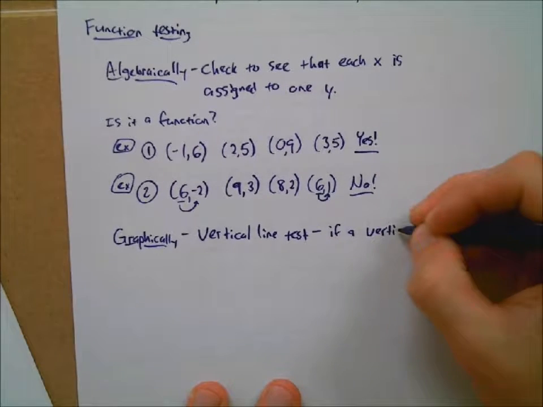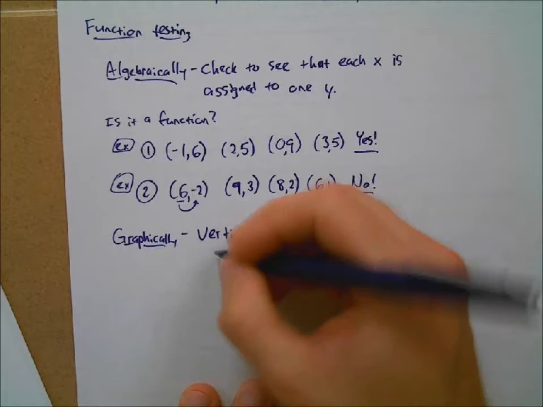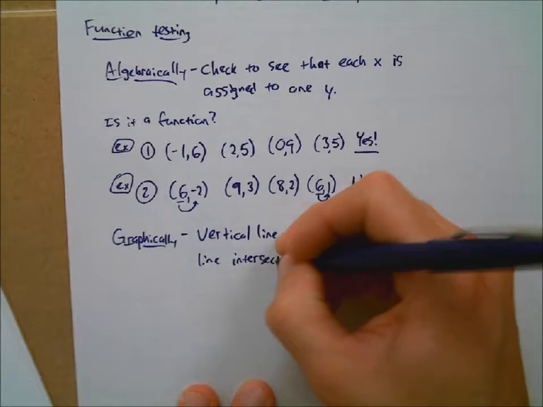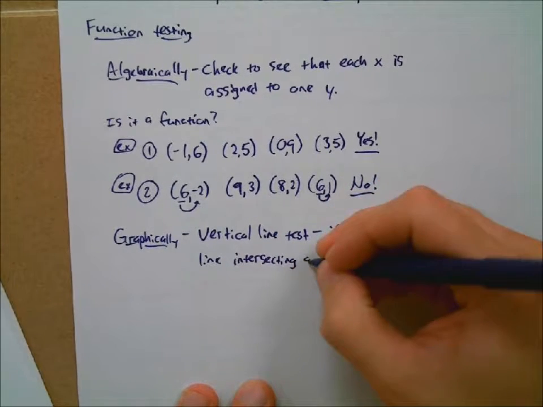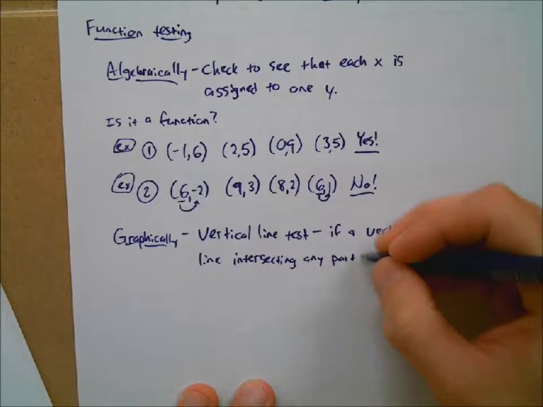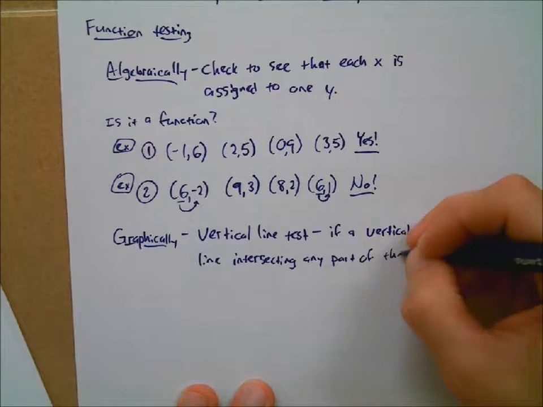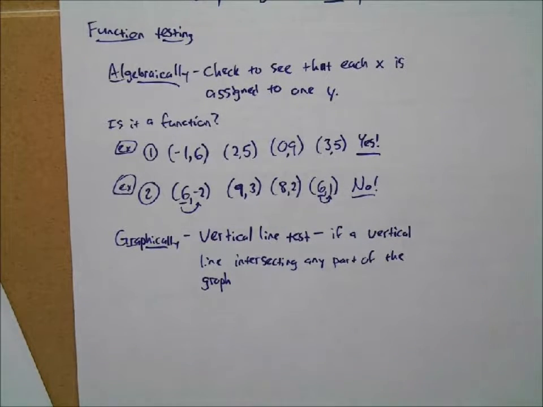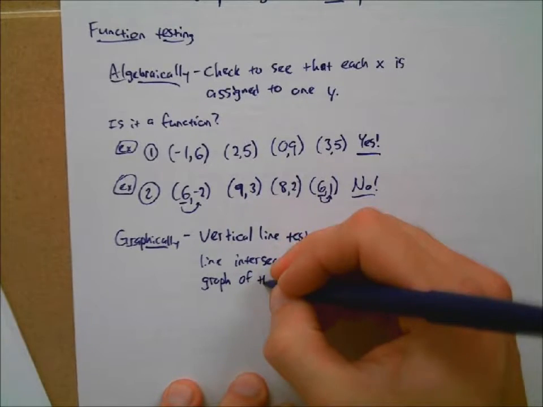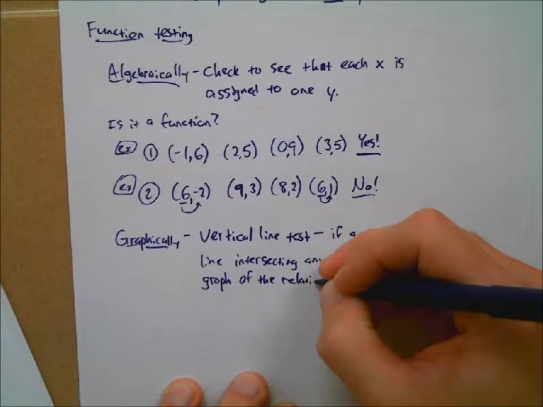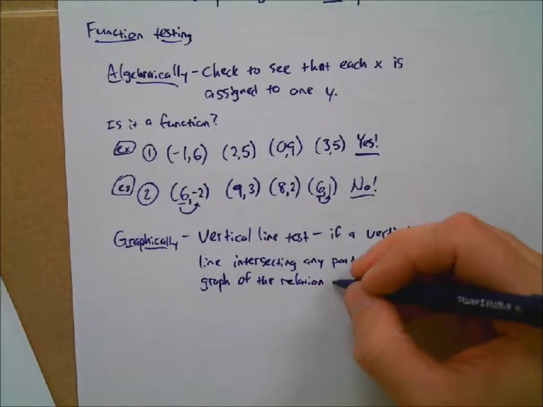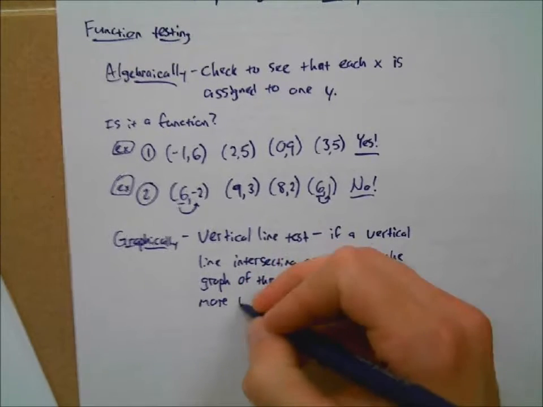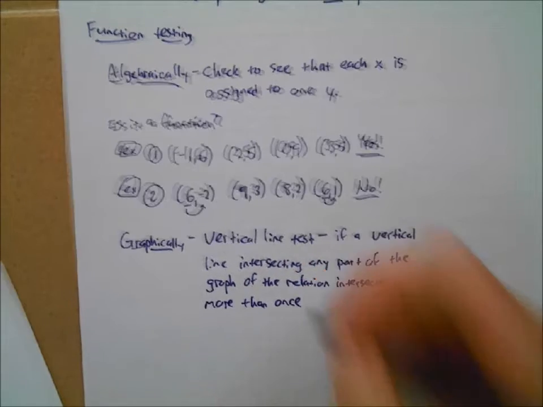If a vertical line intersecting any part of the graph of the relation intersects more than once.